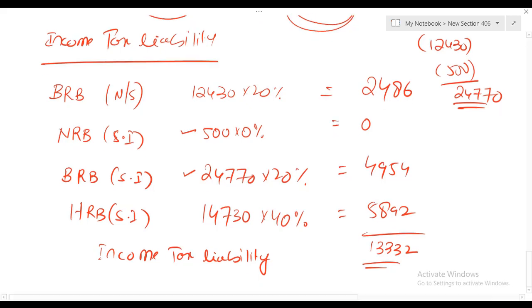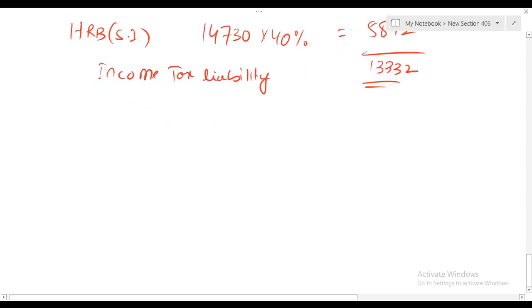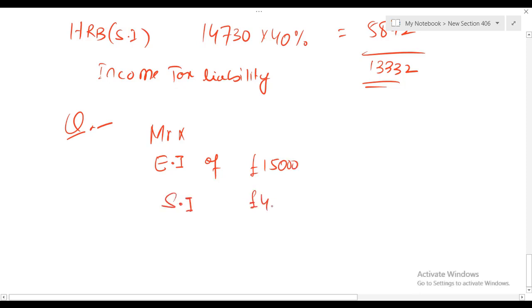Now the other question is, when do we apply the starting rate band concept in saving income? Wait for a moment. Let's say Mr. X has employment income of 15,000 and saving income of 40,000.